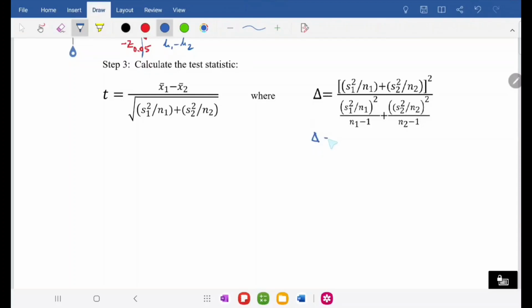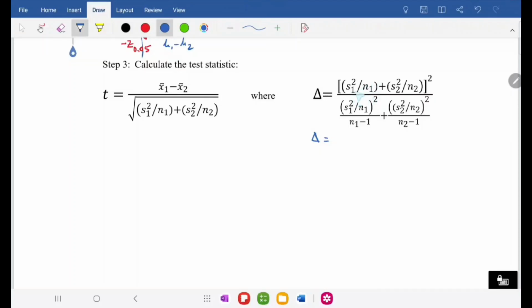So what we have here is S sub 1 squared divided by N1. This formula is only using the standard deviation values and the sample size values. So the first part is S squared of the first standard deviation divided by N1.